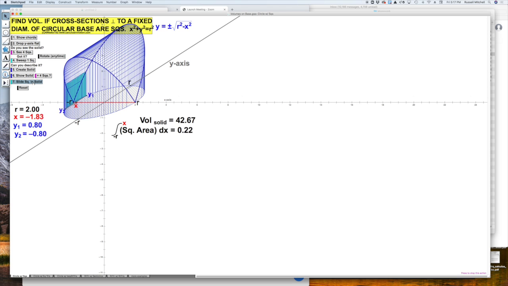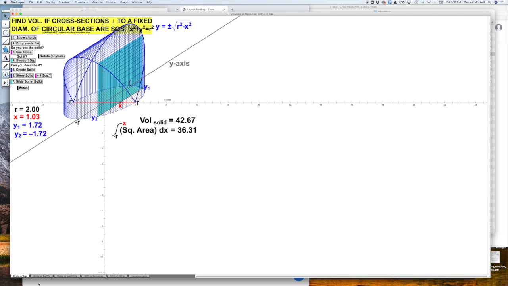And this is what one of them looks like inside of it, as you sweep across. So these squares, that's the cross-section area. It's a square, okay? And how we get the area of that square is side times side, okay? And the side comes from the top minus bottom, okay?